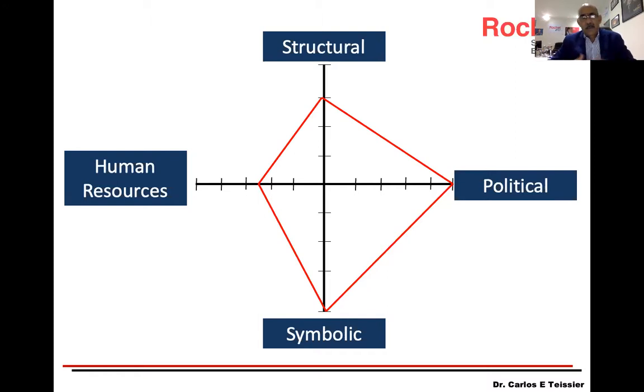Let's say that in my own case, for example, this one that we're looking at, we can see obviously that this person has mostly a symbolic and political preference for those frames. So what does it mean?